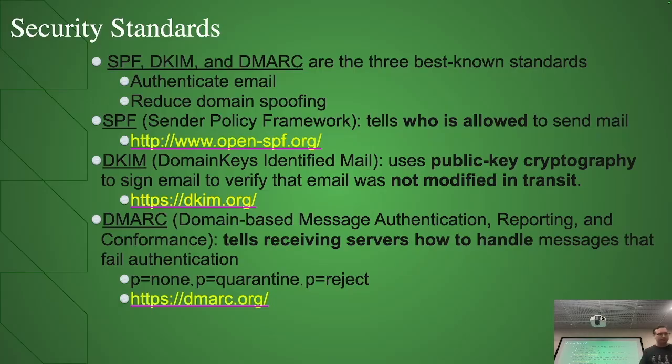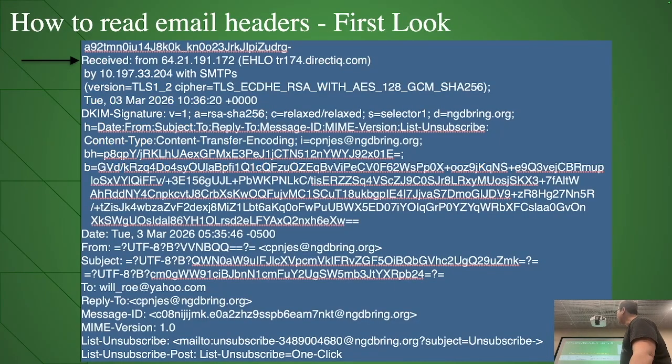Excuse me. Actually, let me go back up. I figured I'd be jumping back and forth in these slides when I made this. Like I was saying, the DKIM signature right there, you can see it: RSA, SHA-256.